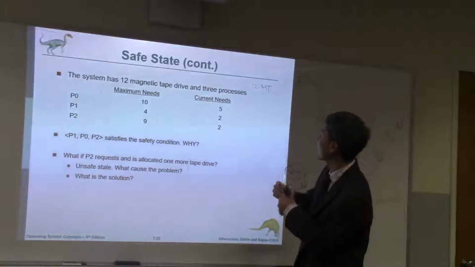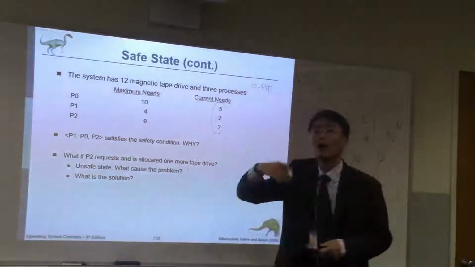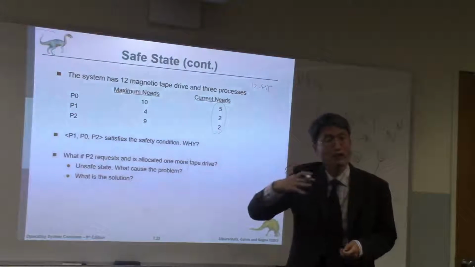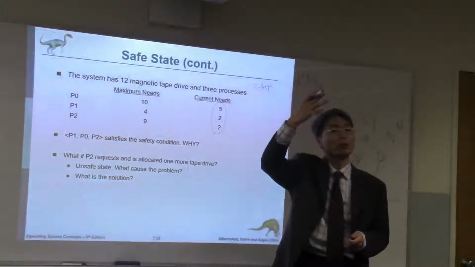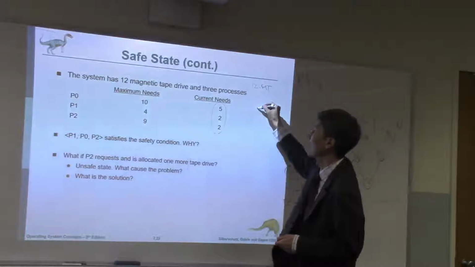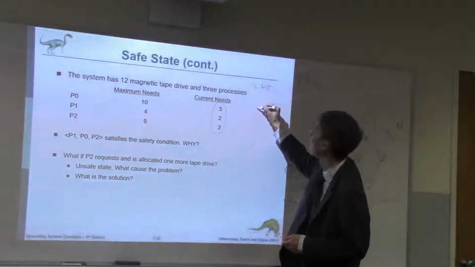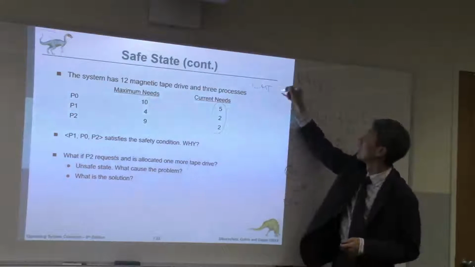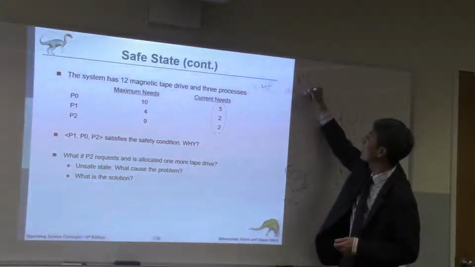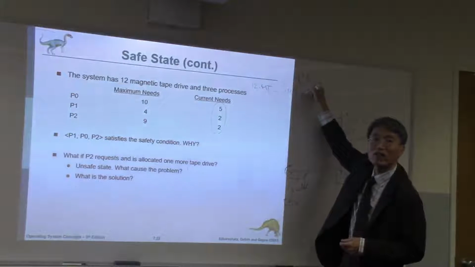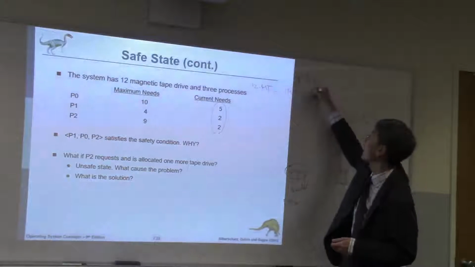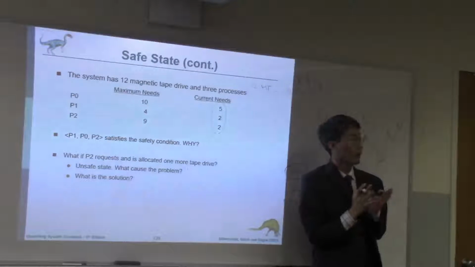So first, 9 of them are held by processes. How many available? 12 minus 9, 3 magnetic tapes are currently available.